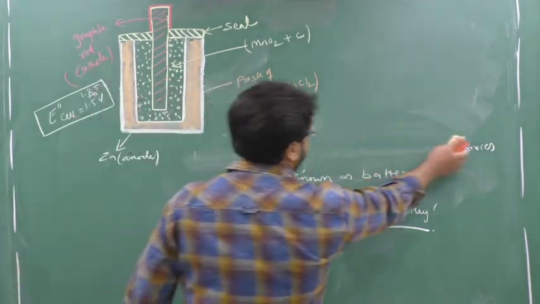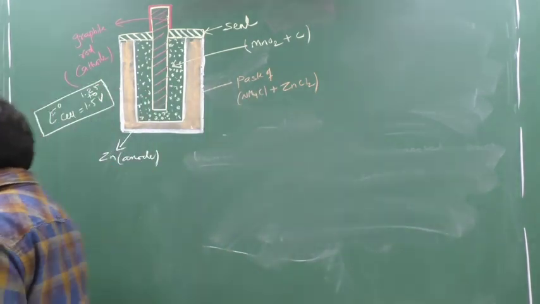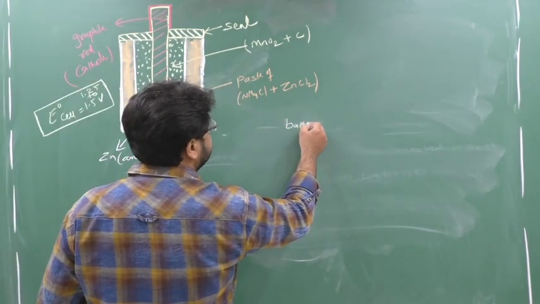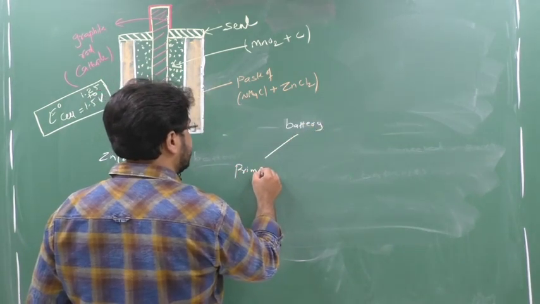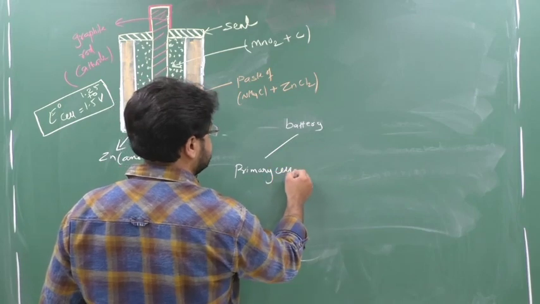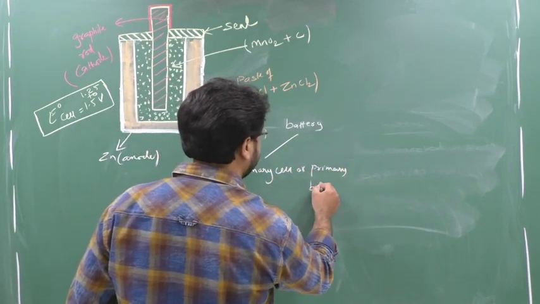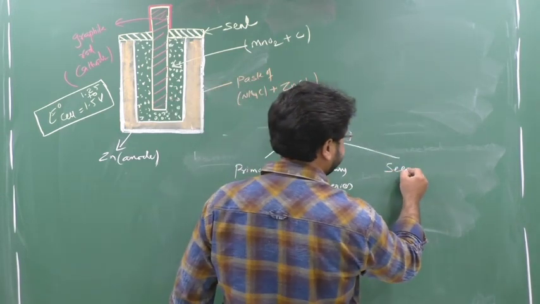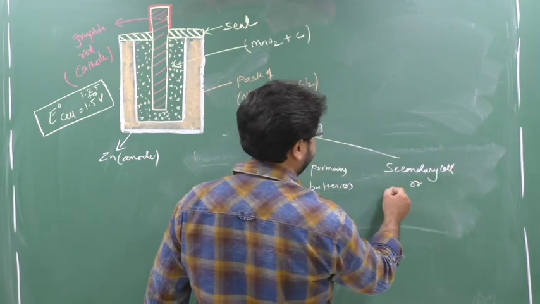Now second point, I hope you have written this. Batteries are of two types. One is the primary cell, or we can say primary batteries, and another is the secondary cell or secondary battery.